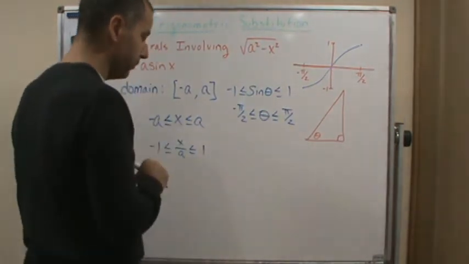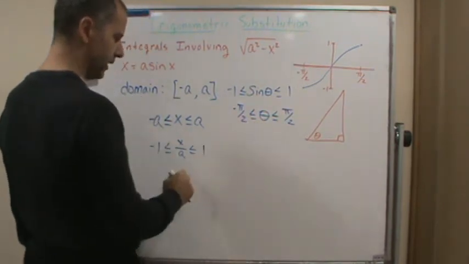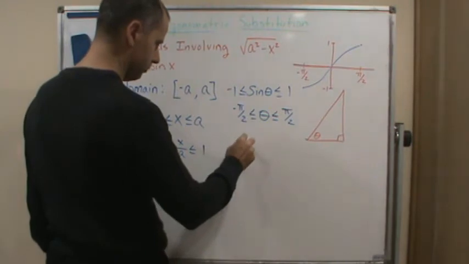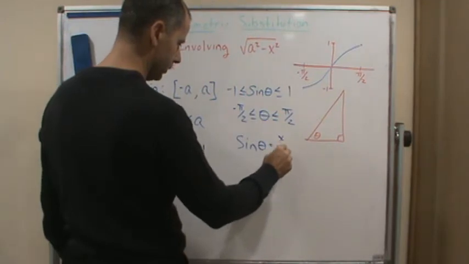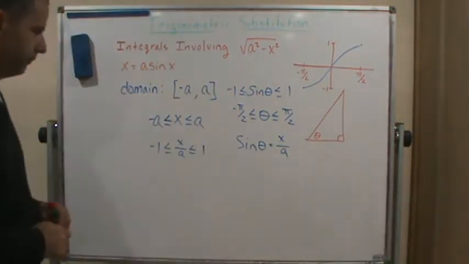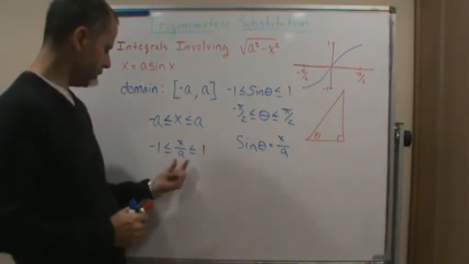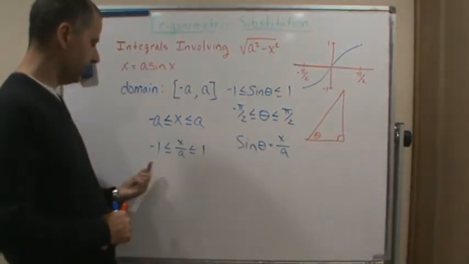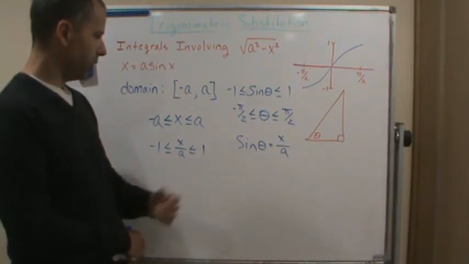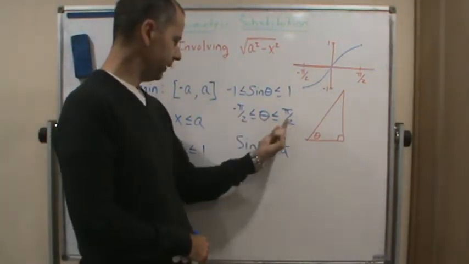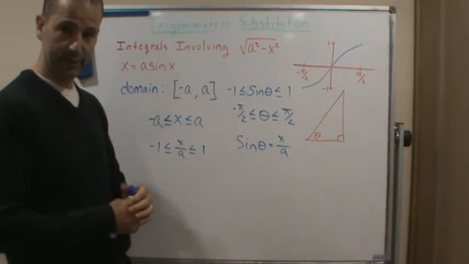So there has to be a unique angle theta such that sine theta equals x over a, because x over a and sine theta cover the same interval. There has to be a unique angle on this interval such that sine theta equals x over a. That should make sense, right?